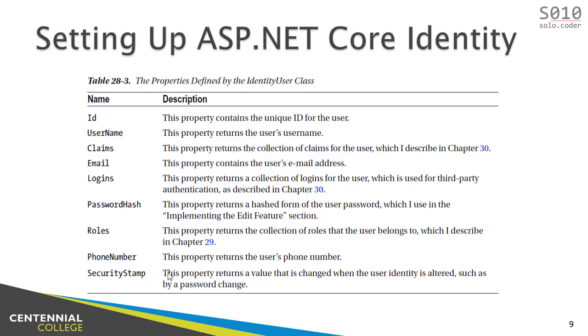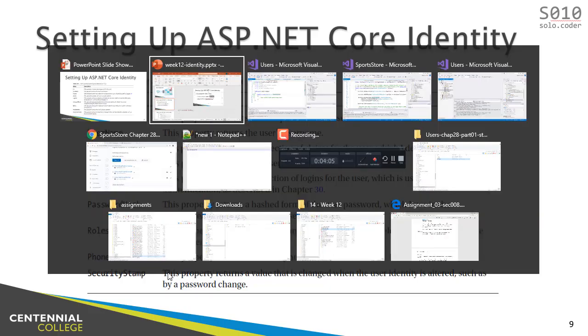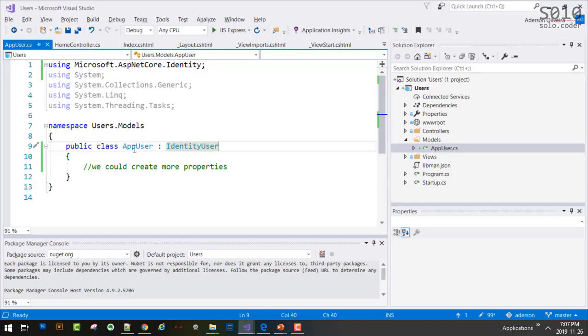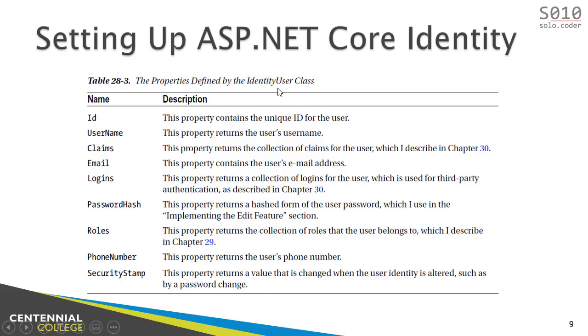How can you create more properties with what you saw today? How could you potentially create more properties than those for your users? What have we done so far? We have created our app user. We could create our own class, which we're doing, inheriting from identity user.